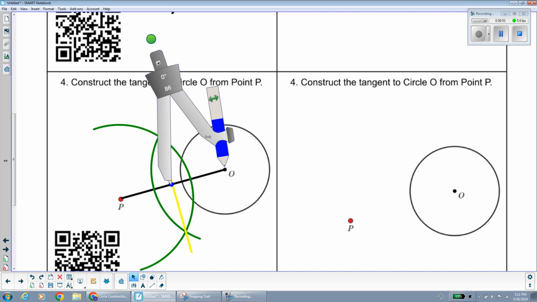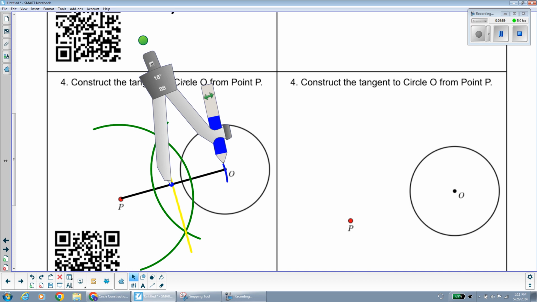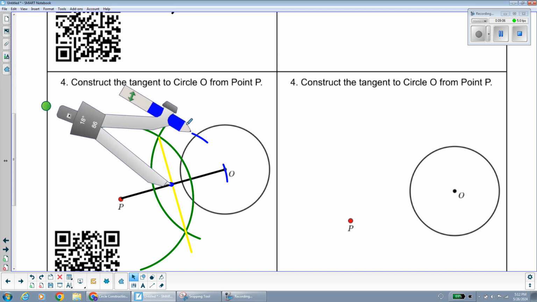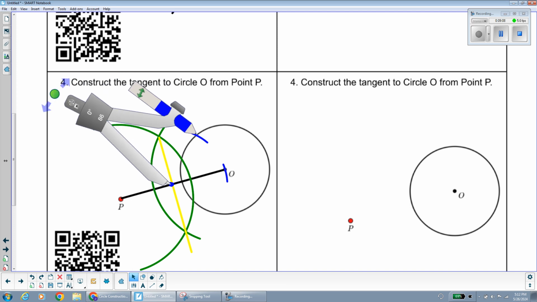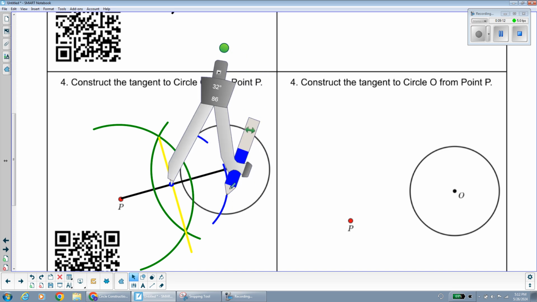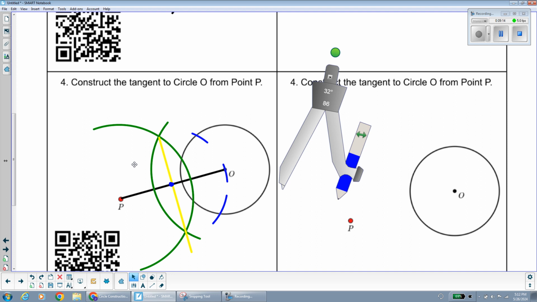And I'm just going to measure to point O, and I'll just put a little arc to indicate that I measured. That just shows I measured it with my compass. And using this distance, I want to make an arc that intersects the circle on top, and using the same distance, an arc that intersects the circle on the bottom.